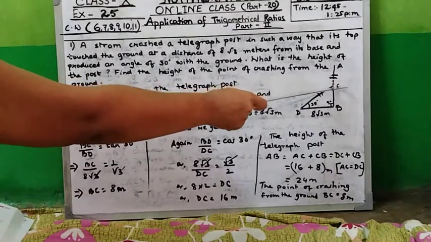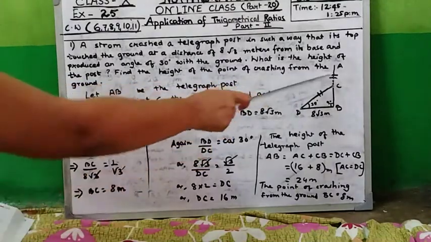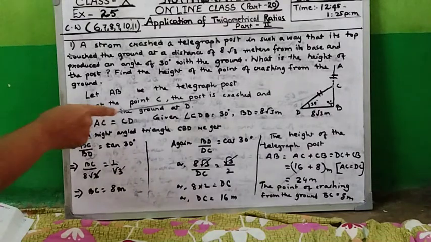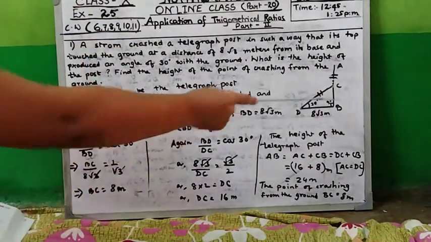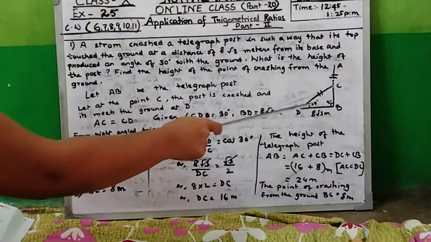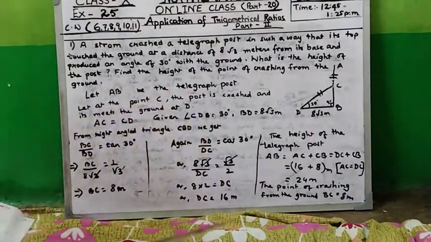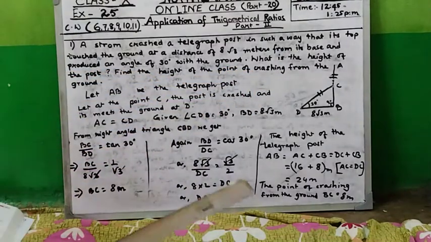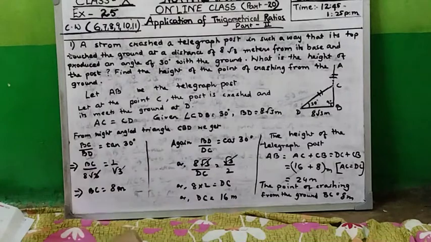And from here, this point it has broken and it has touched the ground at the point D. So, at the point C, the post is crashed and it meets the ground at the point D. Now, obviously, the length of the telegraph post won't increase or decrease.